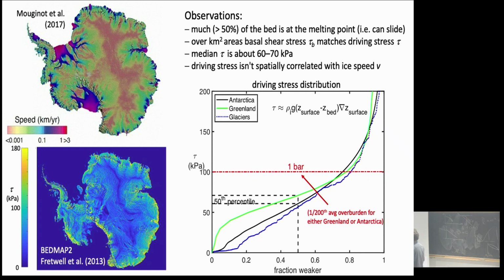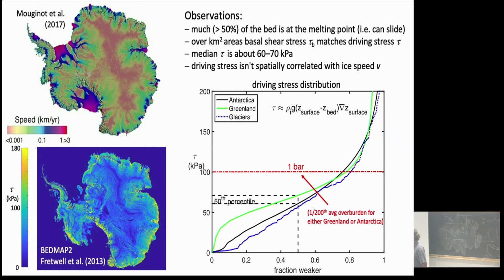And the blue line is just a poorer estimate for mountain glaciers, a compilation of I can't remember how many mountain glaciers. And the main feature that I wanted to draw your attention to is that, well, this is the 50th percentile here. This is the median of those driving stresses, and they're all about the same.